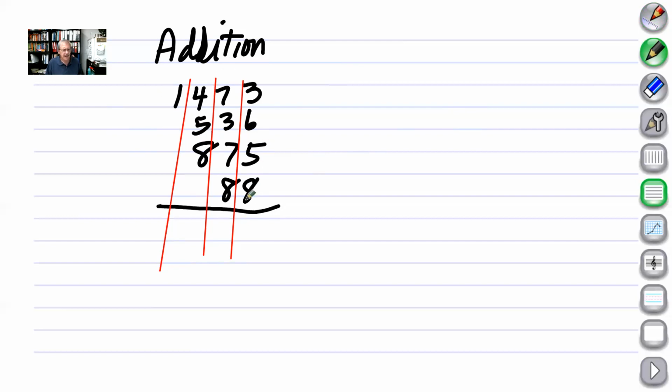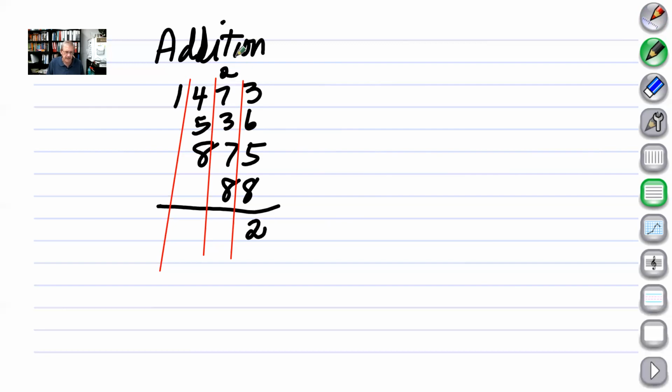And again, you might want to look over in the book. You have to review your addition facts. You might be rusty. 8 and 5 is 13. 13 and 6 is 19. 19 and 3, might be using your fingers here, 22. Write the 2 down and carry the 2.